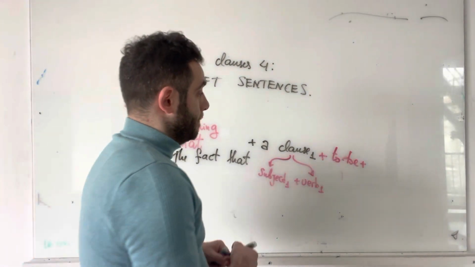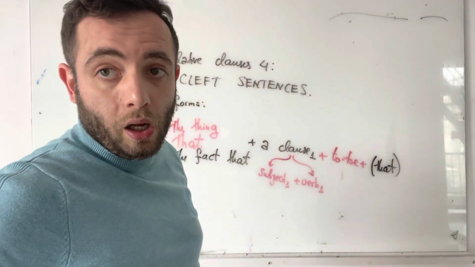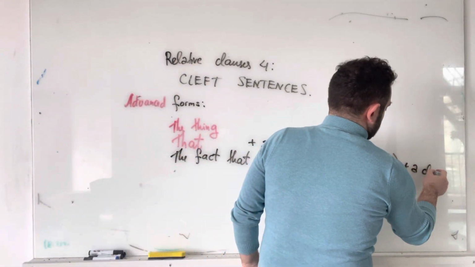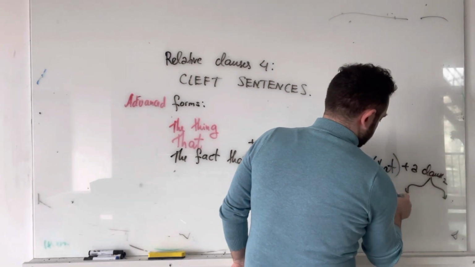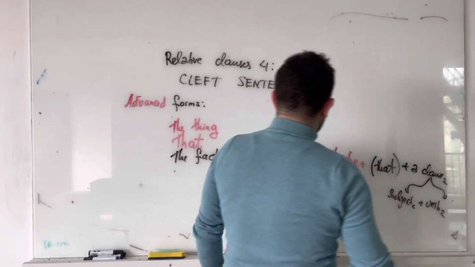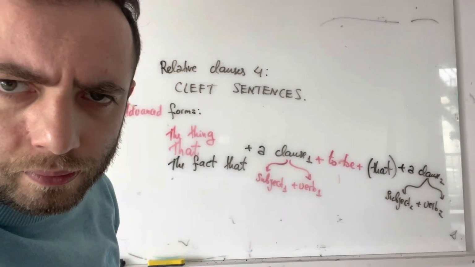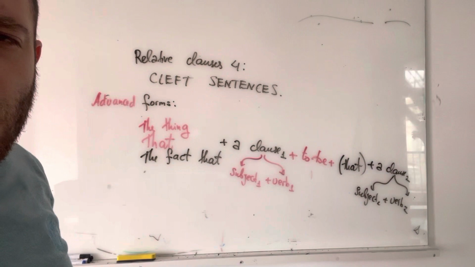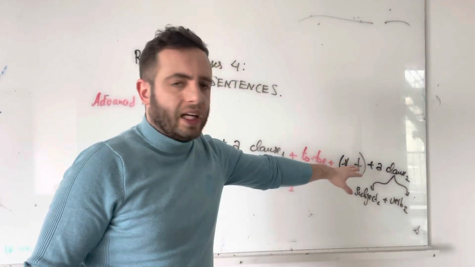That's why I'm writing it here in parentheses. And plus the clause 2, in the same way we have the subject plus verb 2. This is the whole advanced structure that we need to know. So here it is: the thing that, the fact that, clause 1, should be that, clause 2.